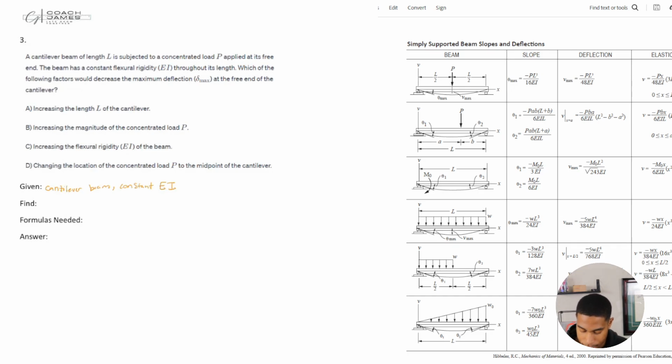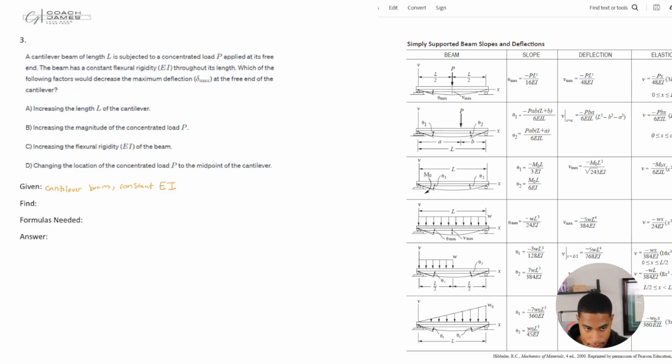All right, it's not changing. When those change, that means you're changing properties, like going from maybe steel to wood or something like that. So that's what that's saying.